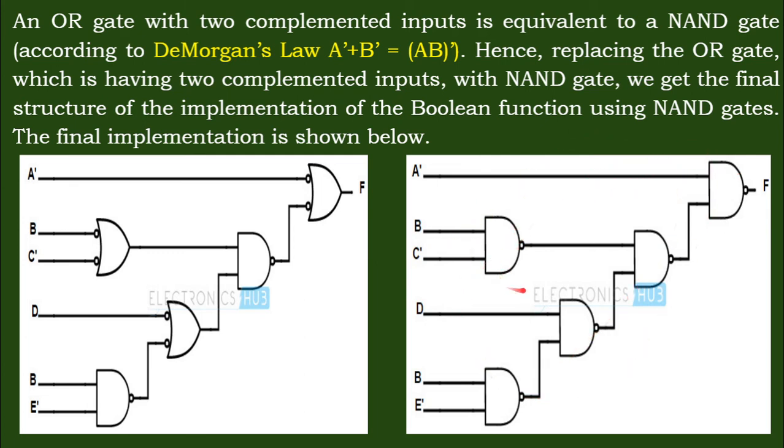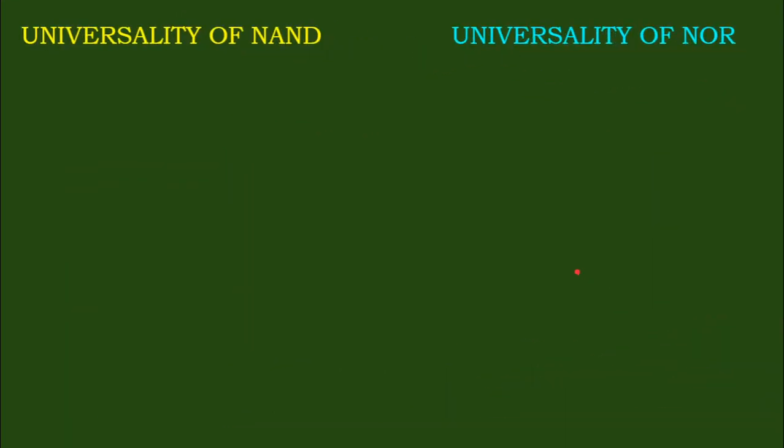This is called the NAND implementation of the given Boolean expression. Even when you simplify the Karnaugh map, after that we get some expression, and that expression can be implemented first using the AND-OR function for SOP, and then everything will be converted into the NAND function. This is called the NAND implementation of Boolean algebra.